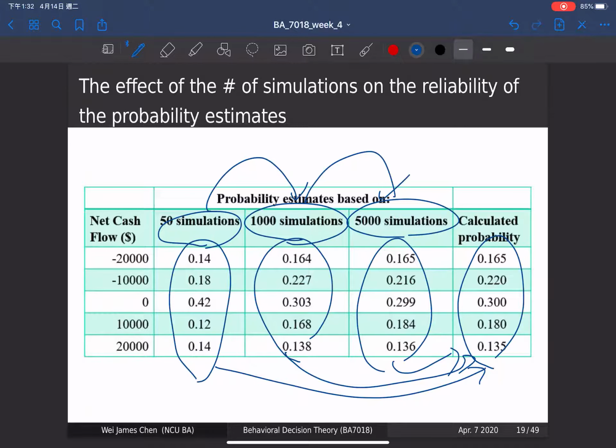You might not have enough time to wait 2 days to make the decision. So that's the benefit and cost you need to trade off. Also, it costs your computer's computation power. So it's not that easy to say we just run a lot of simulations. At least there's a boundary.